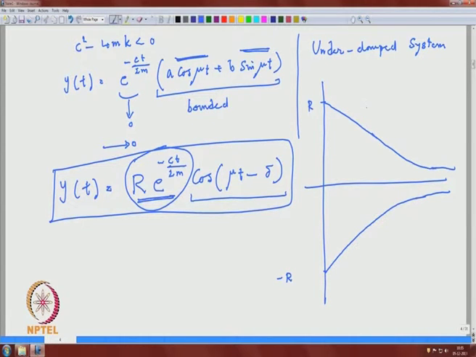So, this is the curve minus r e power minus c t by 2 m, and this is the curve r e power minus c t by 2 m, and it oscillates. So, it starts here, it will go, and reach a maximum. It will oscillate something like that. So, you have this complete analysis; this is case 2.